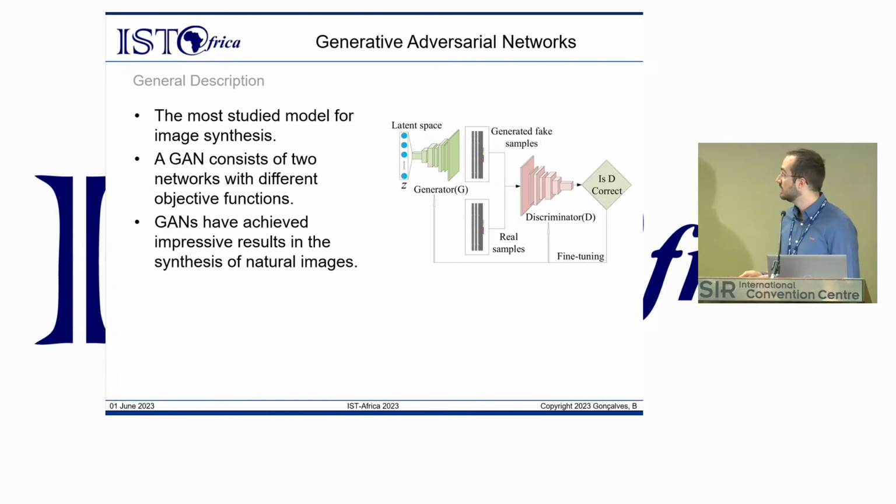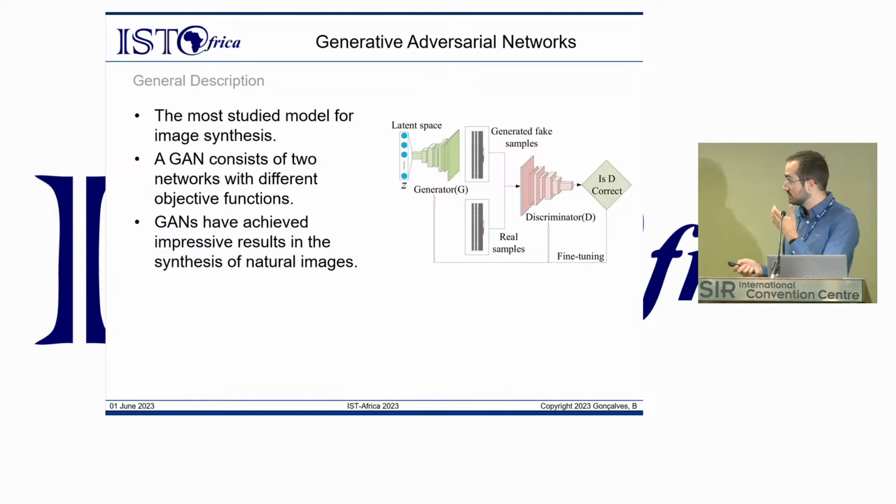The other is the generator network, which only has the objective of creating the most realistic image. Those two networks are trained in parallel, and the training process reaches the end when they achieve a stable state where the discriminator isn't able to distinguish between a real image and a fake image.